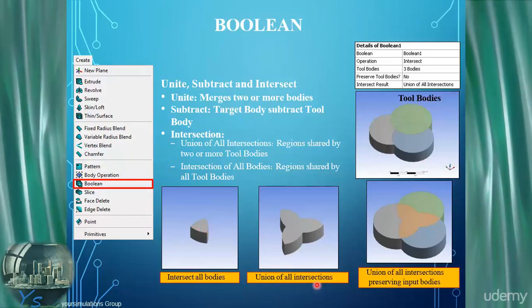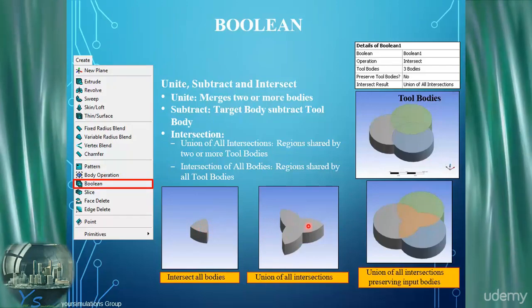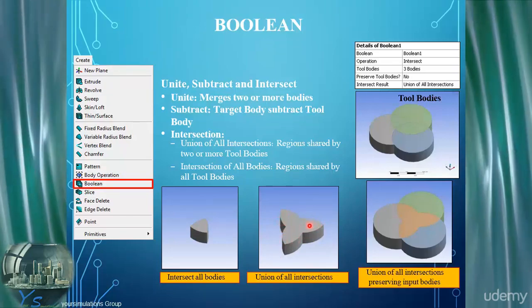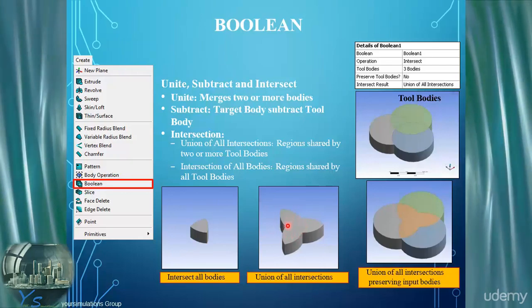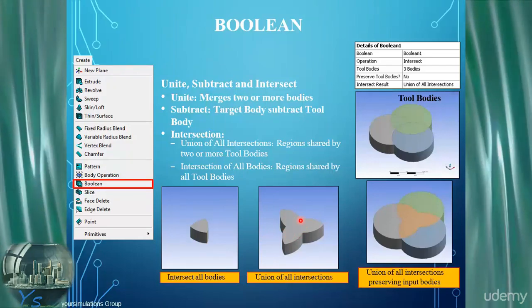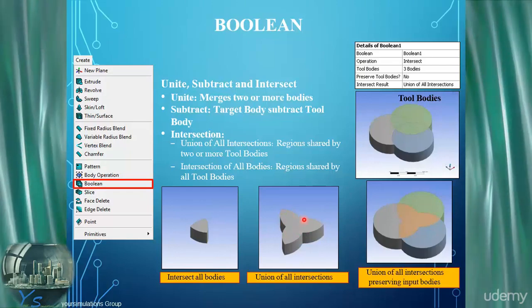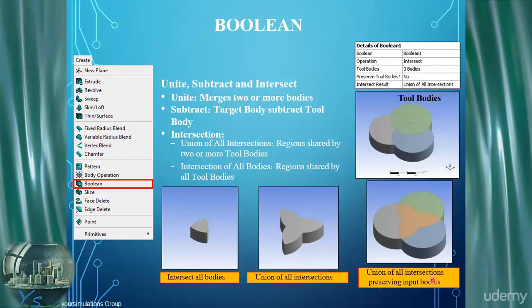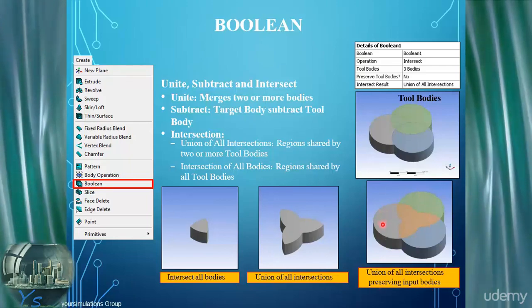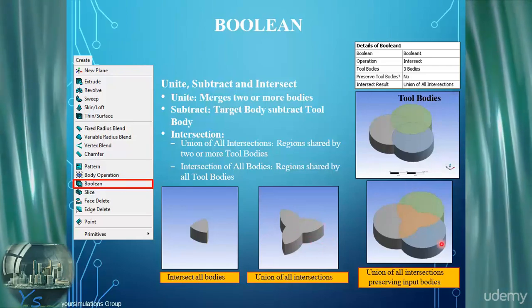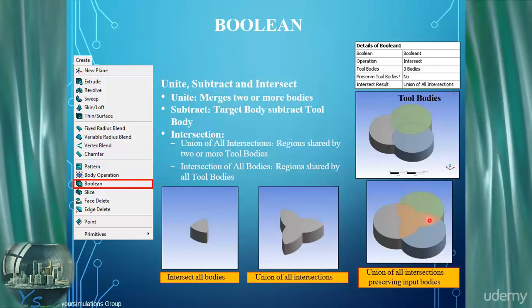If we do the union of all the intersections, it allows not only the body which was overlapping from all 3 bodies, but also the bodies which were overlapping any 2 of the overlapping bodies. So we're left with this tri section in the middle. And we can also opt for a union of all intersection and preserve the input bodies, which leave this union section described just earlier and shown in this slide in the middle, but also the original parts of the bodies before the operation as well.